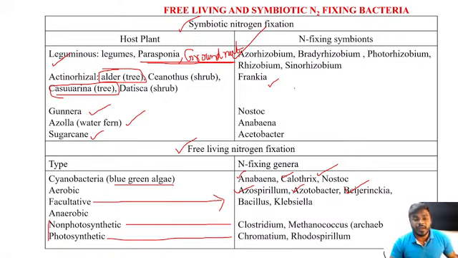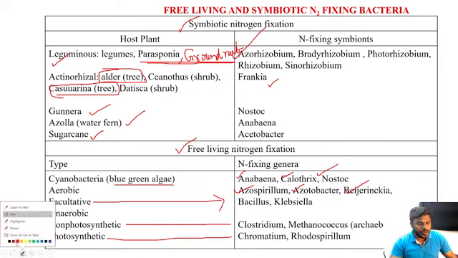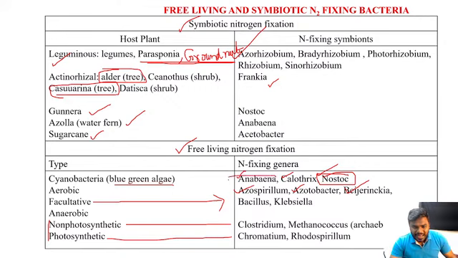Friends, let me tell you one interesting point here. What is that interesting point? If you look into this very clearly, friends, Nostoc, Anabaena, this Acetobacter, these three are the bacteria which can fix the nitrogen symbiotically also, and which can fix the nitrogen by free living also.